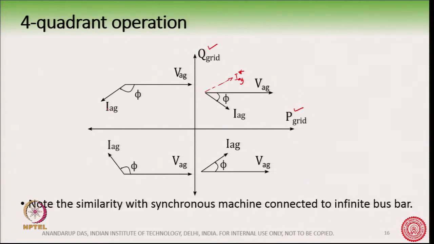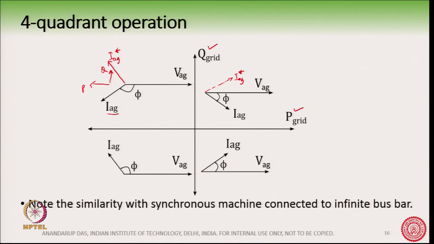And similarly, here also VAG and IAG are something like this. So, IAG star comes here, which immediately says that P is negative and Q is positive. Okay. So, this is how we can draw the phasor diagram in all the 4 quadrants.